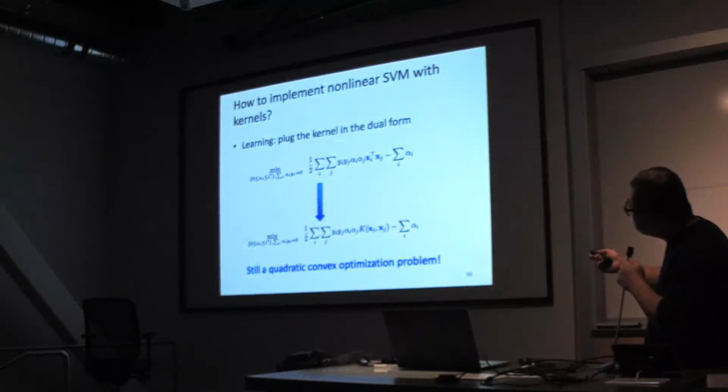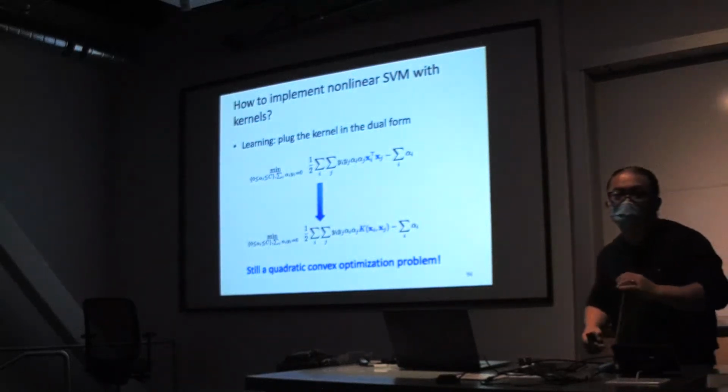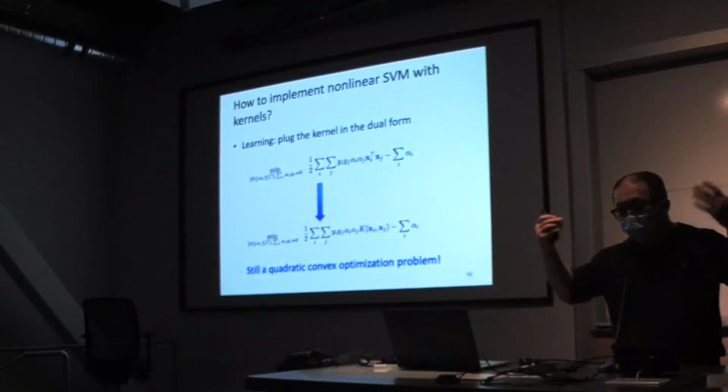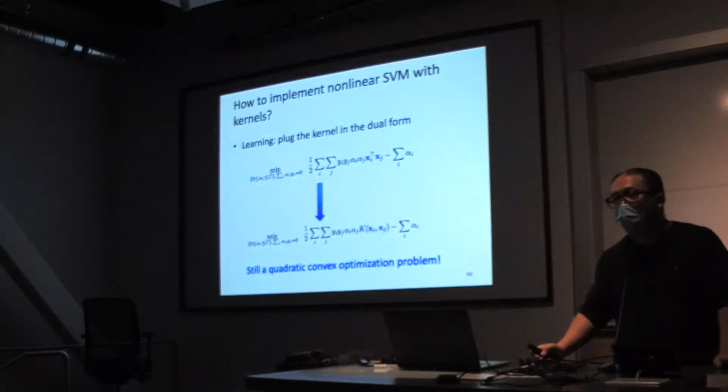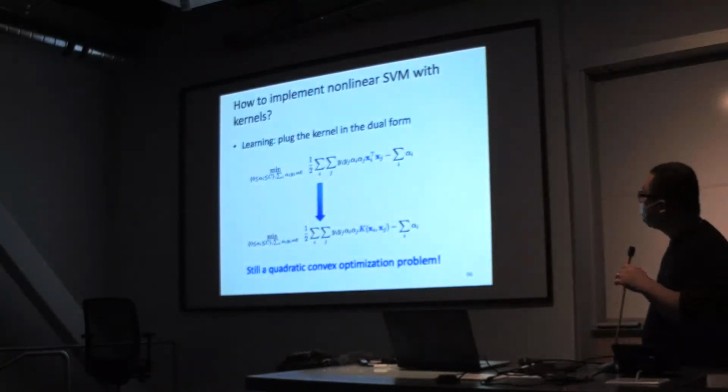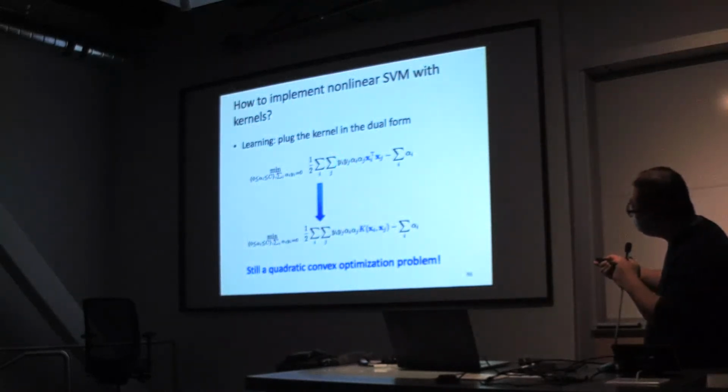Remember, you have a dual form, right? After a series of simplifications, we solve our dual form. It's a quadratic function, where the objective function in the double summation is alpha_i, alpha_j, and then the inner product between x_i and x_j.